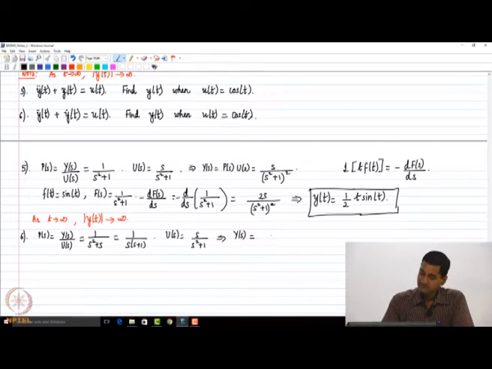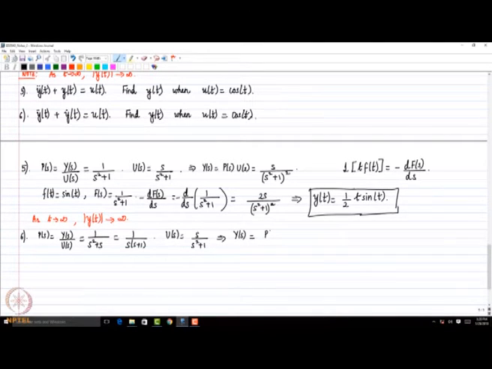So y of s is going to be equal to p of s times u of s, which we are going to get as s divided by s times s plus 1 times s squared plus 1. Correct? So the s and s will cancel off.